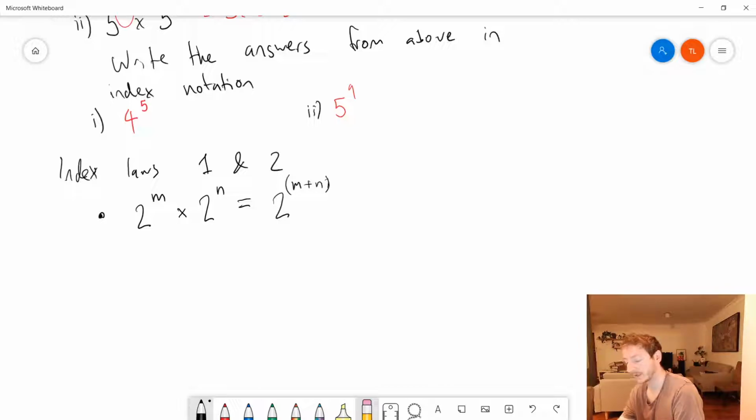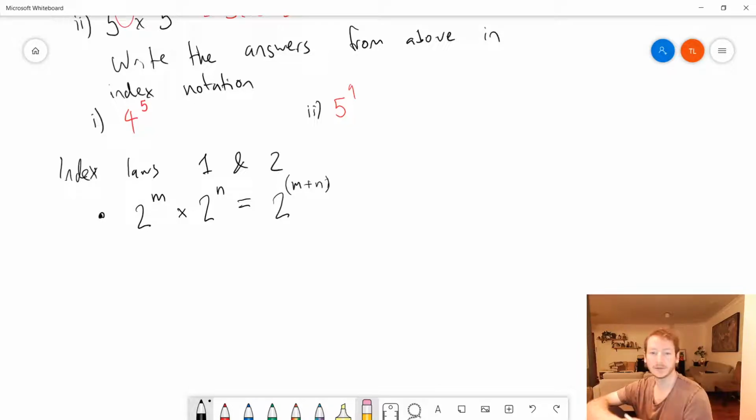I'm going to put in brackets. We don't need to, because it's implied if it's up there in the index that you do it all first. But just to show the grouping, I'm going to do it. 2 to the power of m times 2 to the power of n means 2 to the power of, add the indices, m plus n.